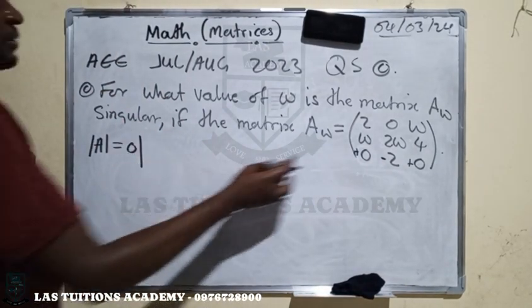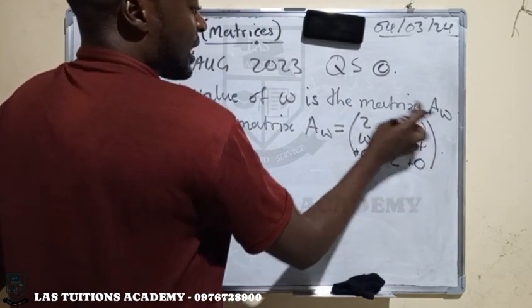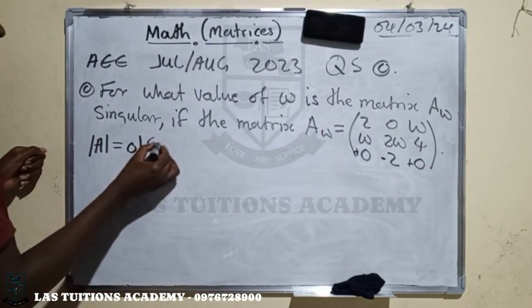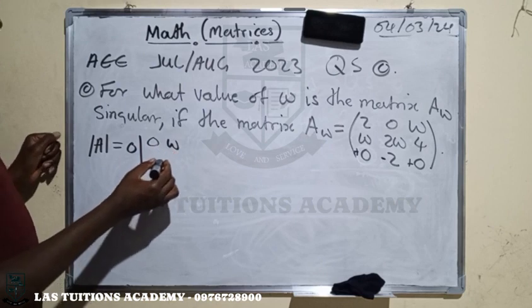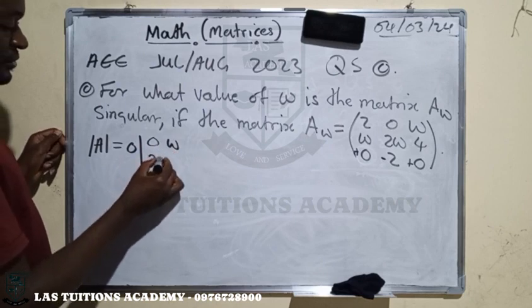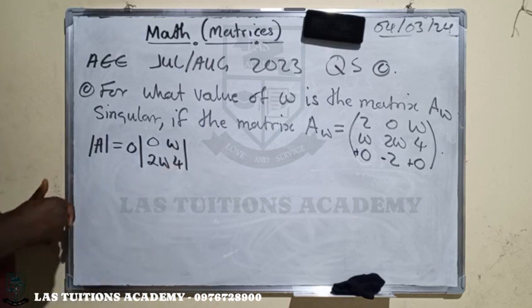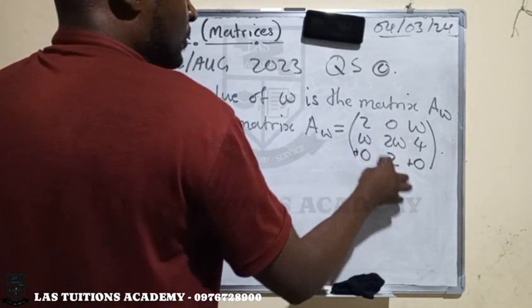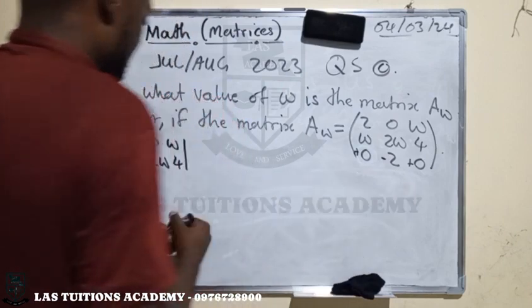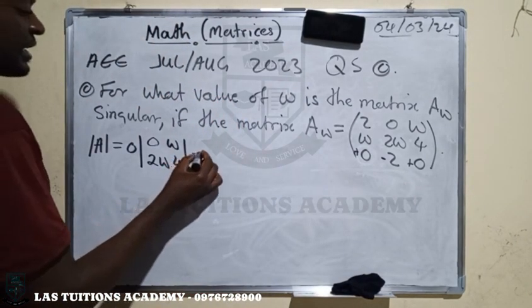Then we lock this, we lock that, so we have those 4 numbers there: 0, W, 2, 4. Then we lock this and lock that. So we are going to have -2.